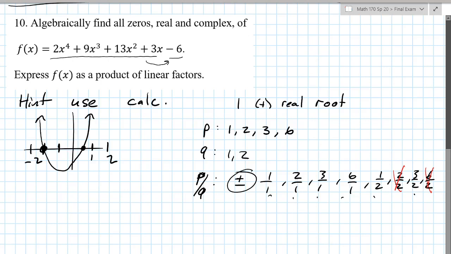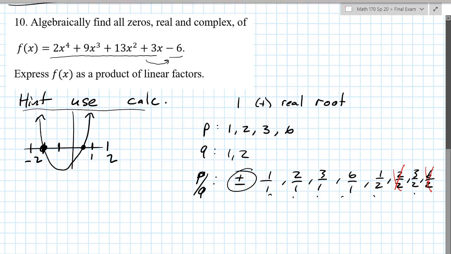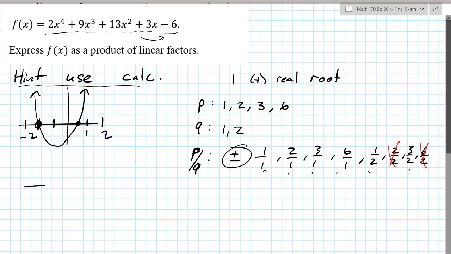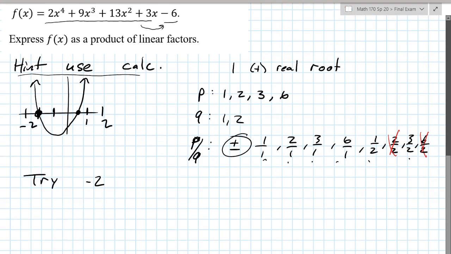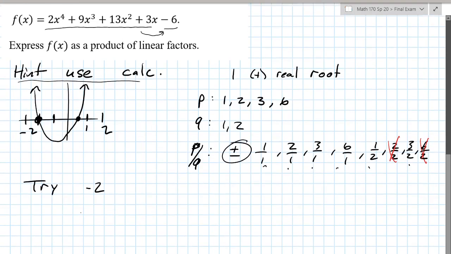You could just go down this list until it works out, but I'm going to use the fact that we also have a hint from the calculator, and I'm going to try negative 2 first.